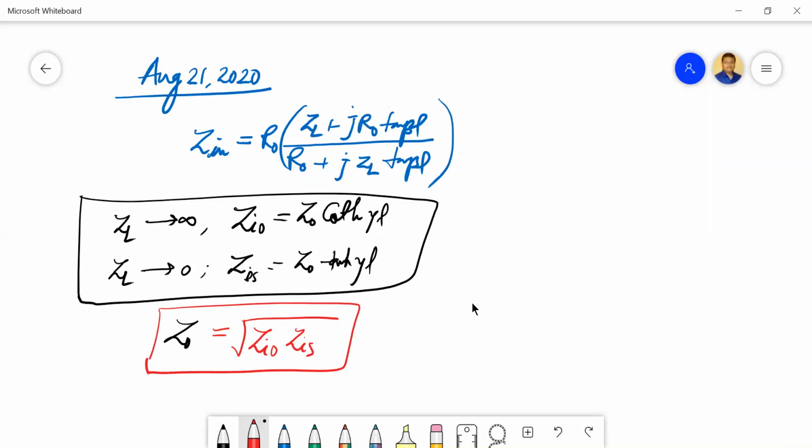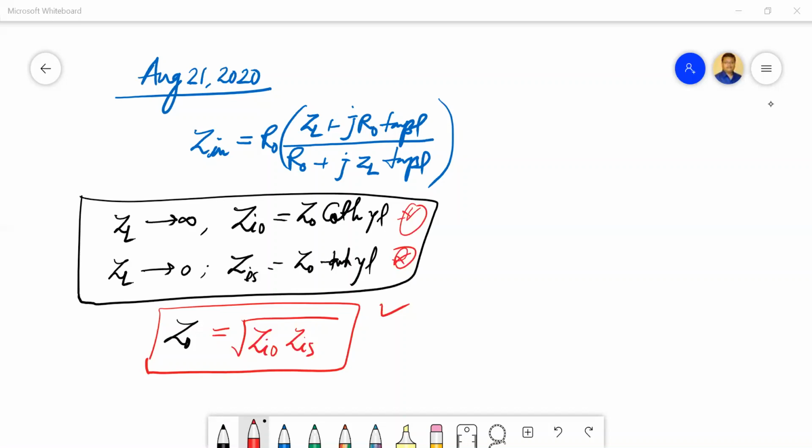If you just multiply these two relations, you get this. So now, if you have the impedance for open circuit and short circuit, you can calculate the characteristic impedance.